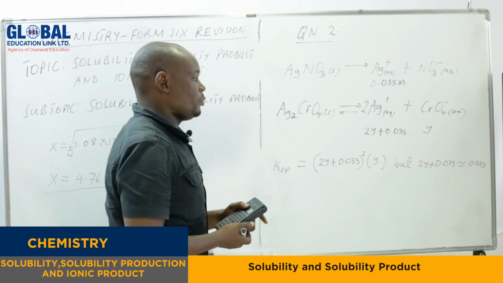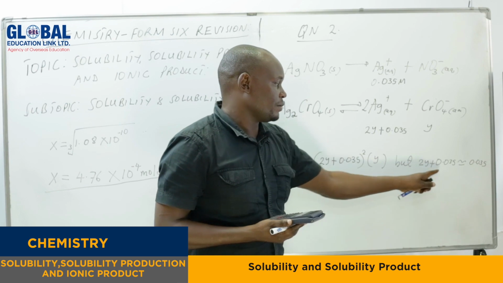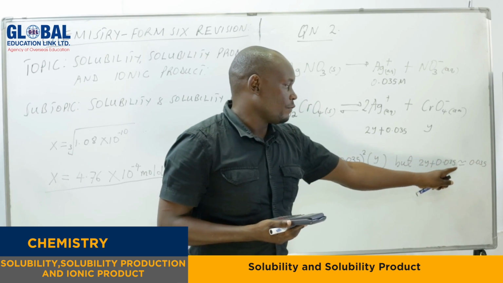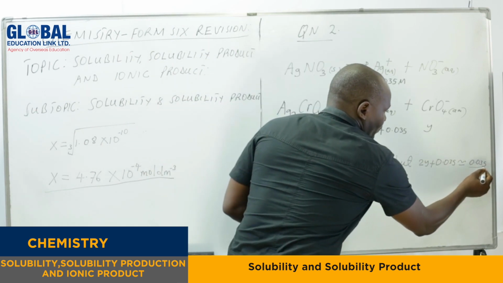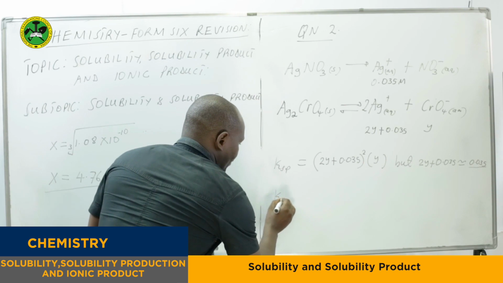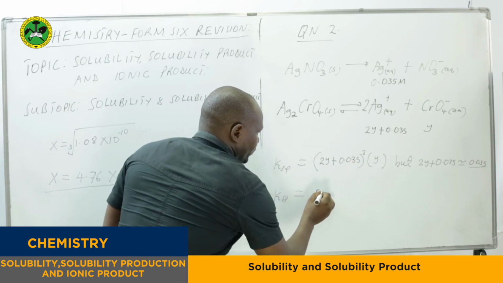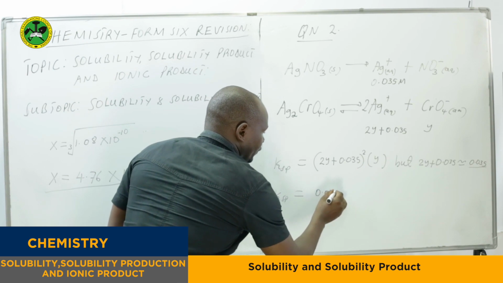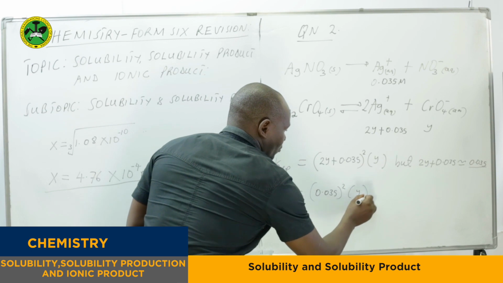Why? This is due to the very small value of y. So when multiplied by 2, then plus 0.035, it doesn't affect the constant. So it remains to be 0.035. So if we now consider, our Ksp will be equal to 0.035 squared, then times y.